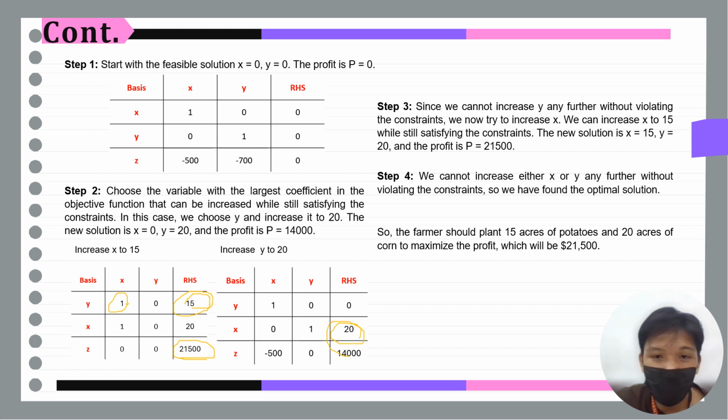Since we cannot increase y any further without violating the constraints, we now try to increase x. We can increase x to 15 while satisfying the constraints. The new solution is x equal to 15, y equal to 20, and the profit is 21,500. This is what I have explained earlier.